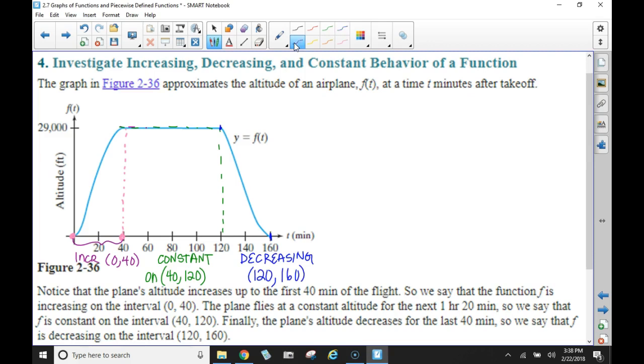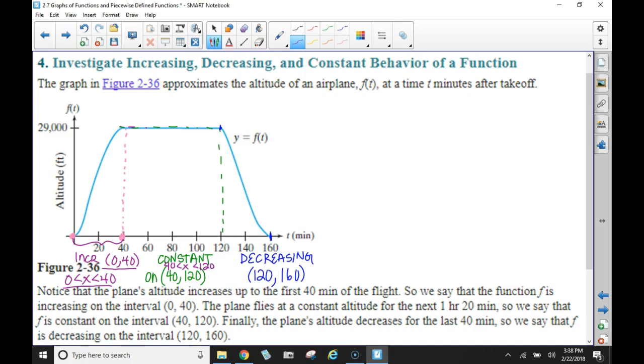Another way to express those intervals, remember, is we might say 0 is less than x is less than 40. That's what this is meaning, but here is another way to write it. These are not ordered pairs. For constant, it means when x is greater than 40 but less than 120 minutes, the function is constant.